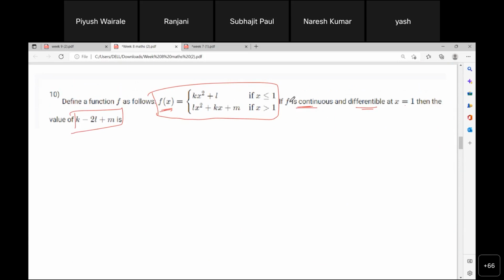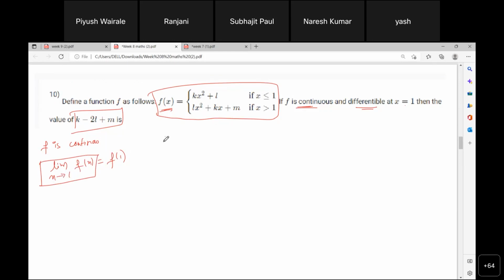What does f is continuous mean? Limit x tends to a, here a is 1, of f of x must equal f of 1. Before that, one more condition is that this limit should exist, so the left hand limit must be equal to the right hand limit.